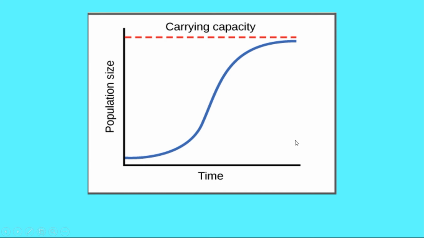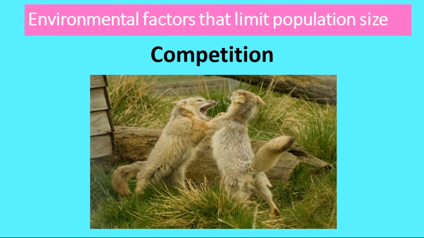If we continue further with time, eventually the population size begins to decrease. So what exactly causes a population size to reach its carrying capacity? Well, the factors that cause a population size to reach its carrying capacity are often environmental and are 1.